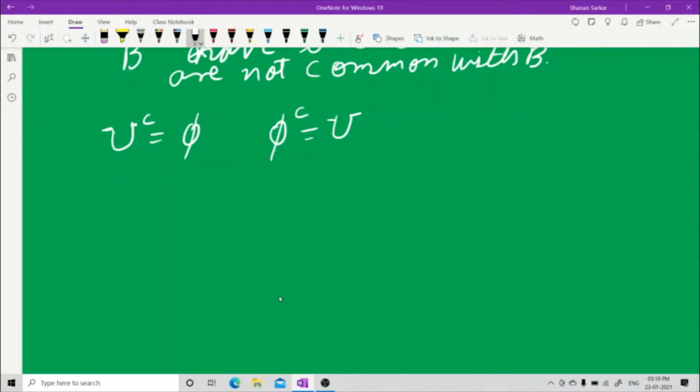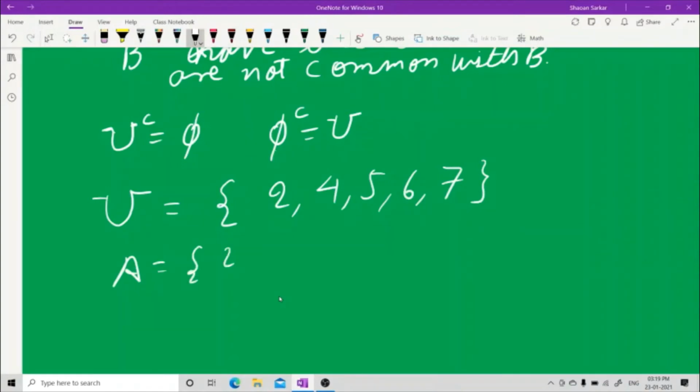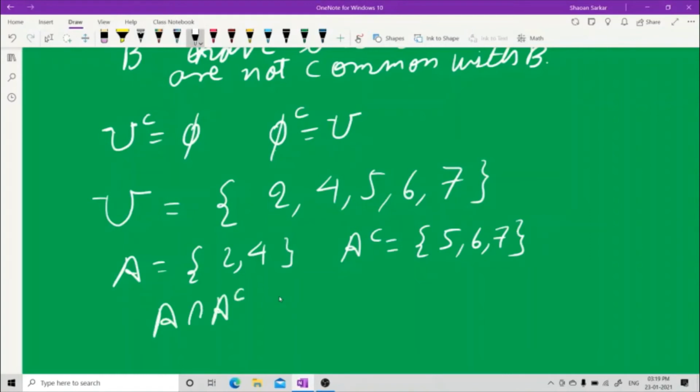Now, one more thing. Suppose universal is made of, I give you an example, 2, 4, 5, 6, 7. Now A is 2, 4, and then A complement would be 5, 6, 7. Now listen to one thing. A intersection A complement is always null, whatever it may be.